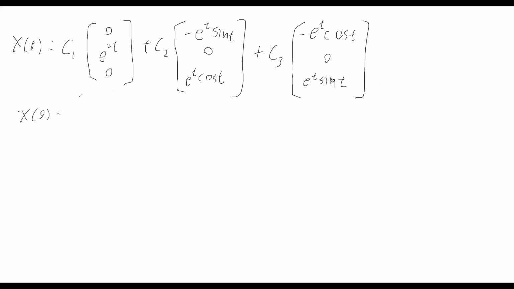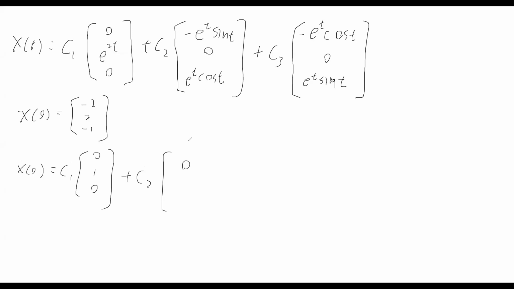x of 0 is -2, 2, -1. All right, and let's see. x of 0 will be C1 times 0, 1, 0, plus C2 times 1, 0, 1, plus C3 times -1, 0, 0.